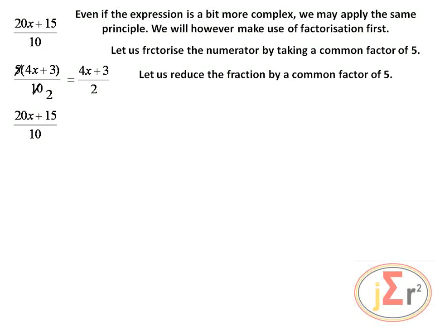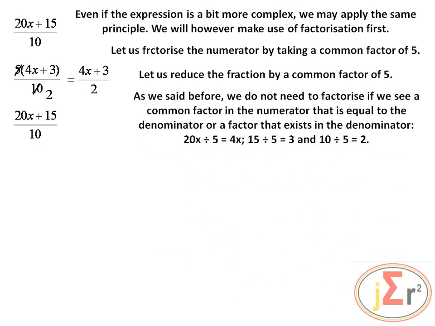And there is the entire expression, the original one. As we said before, we do not need to factorize if we see a common factor in the numerator that is equal to a factor that exists in the denominator. So look at this.